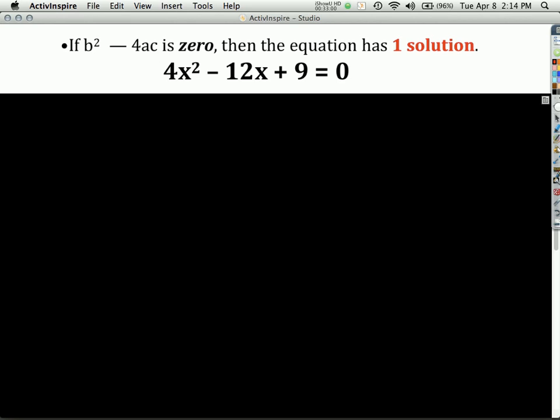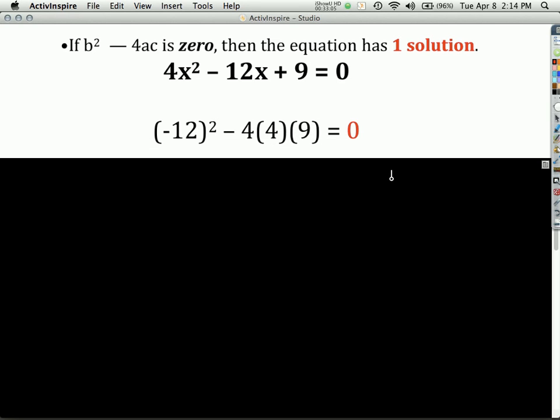It's already in standard form, so we can already pick out A, B, and C, and here's what it looks like when we get the value of the discriminant. B squared, 144, minus 4 times A times C, which is also 144, so we end up with 144 minus 144, and so we get the value of 0 for the discriminant. And that means that we will have one solution.